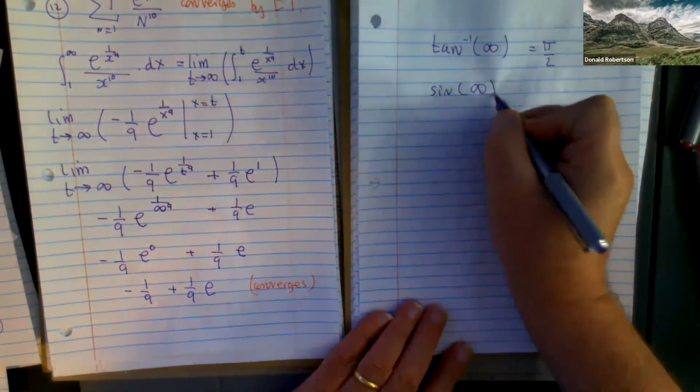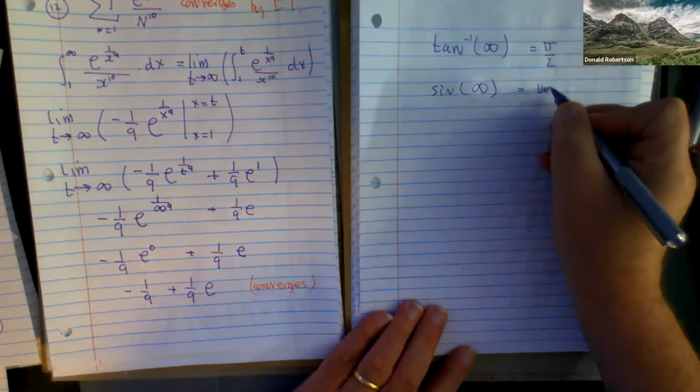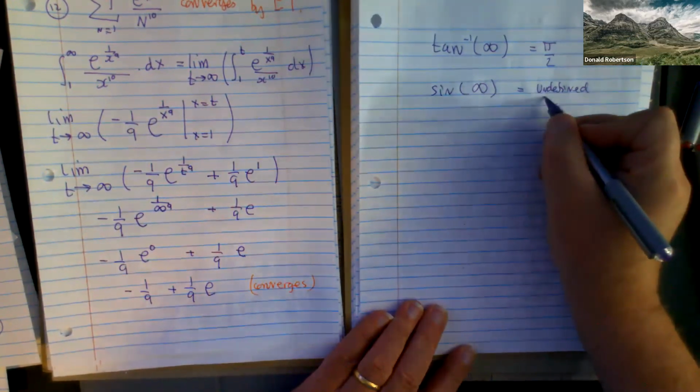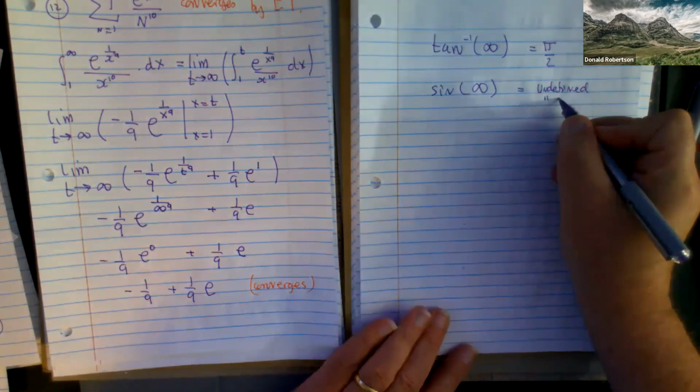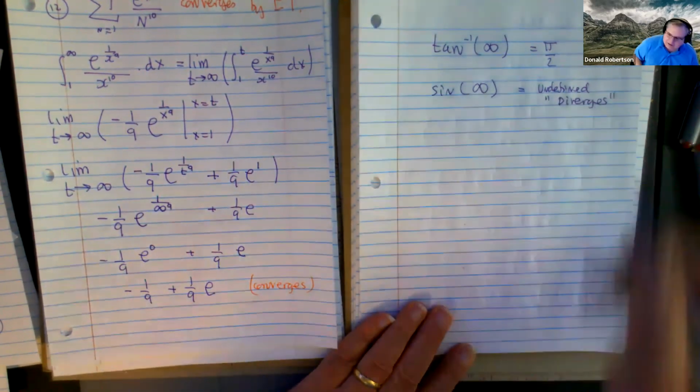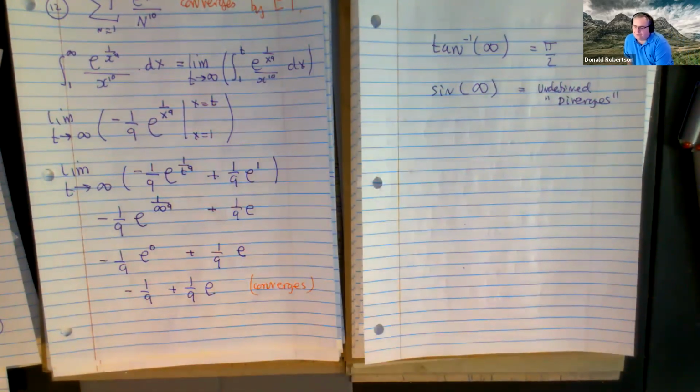The sine of infinity is essentially undefined because it doesn't really have any obvious finish. Whenever something's undefined, it means that if it's part of your answer, it diverges. Okay, just it diverges.